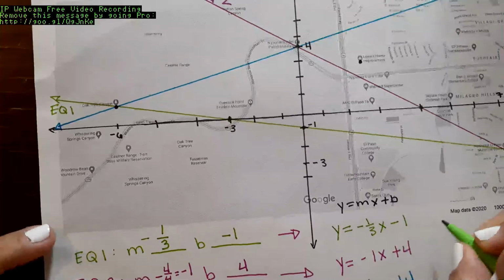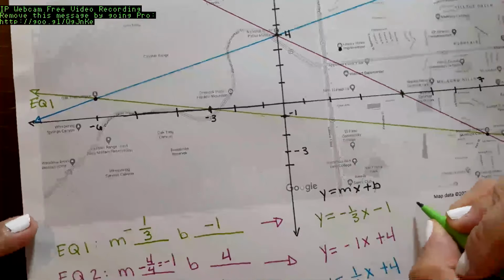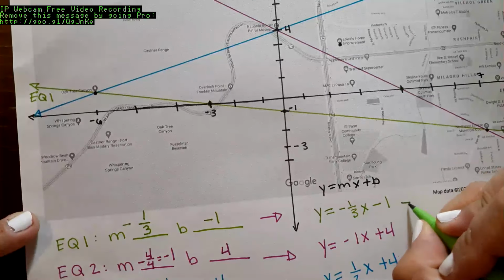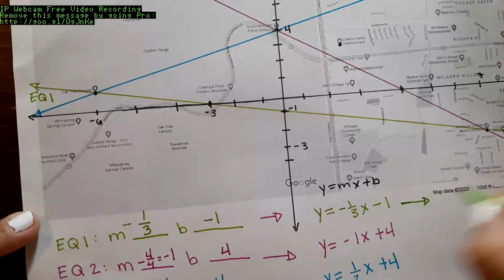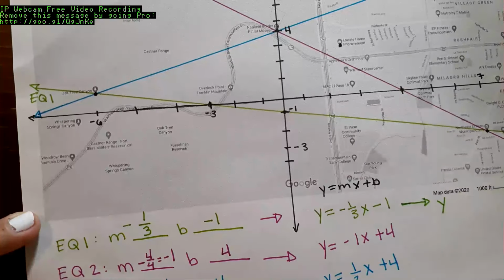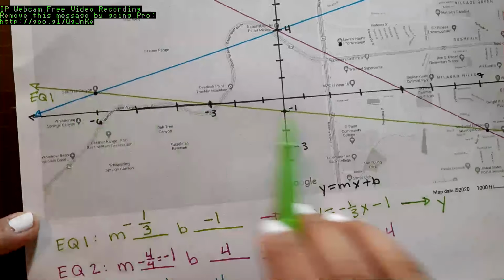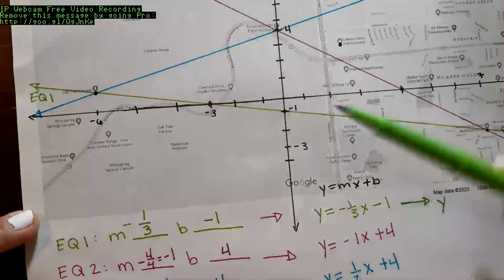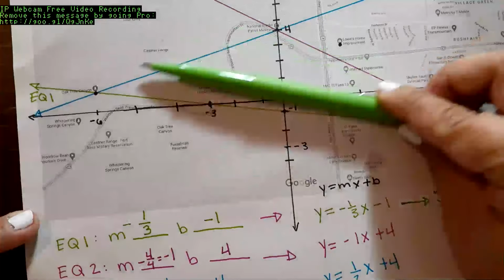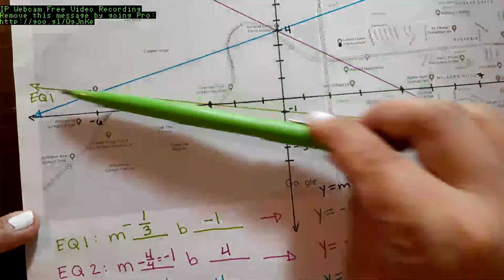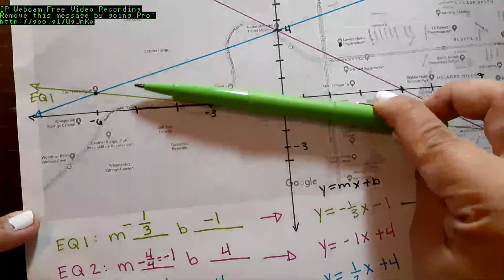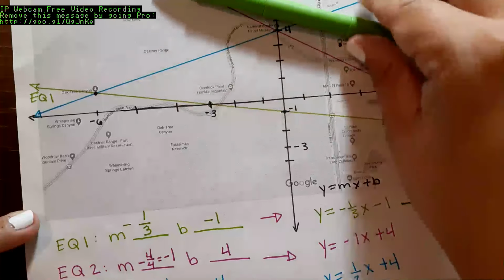Okay, so for my first equation, when I change this into an inequality, I'm gonna start with y. So I'm looking at this one, and I want this part shaded. So on my line, I'm going to shade above my line.